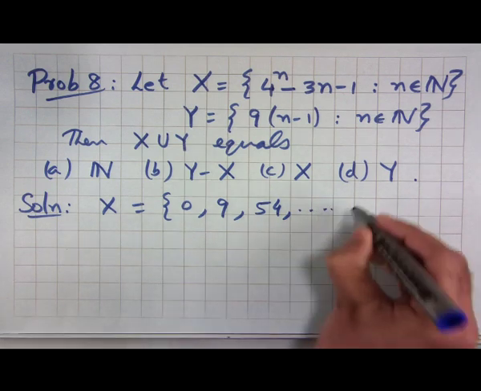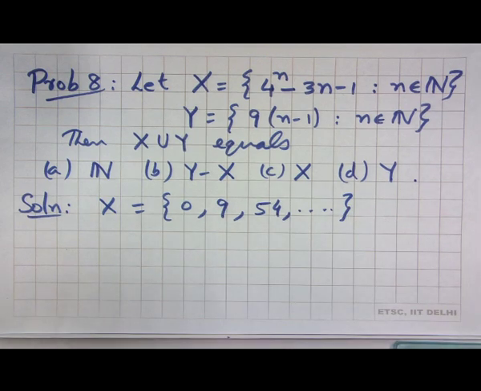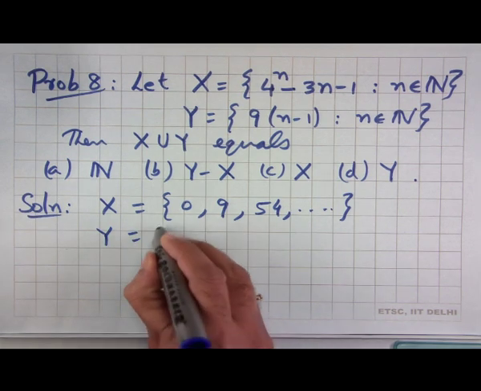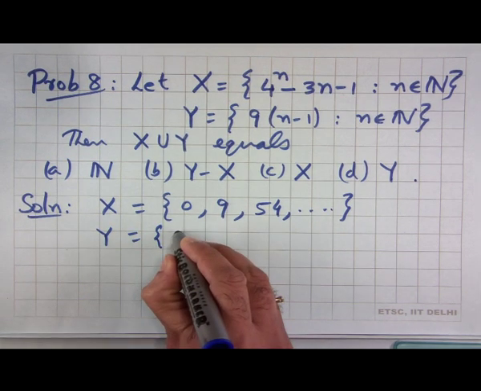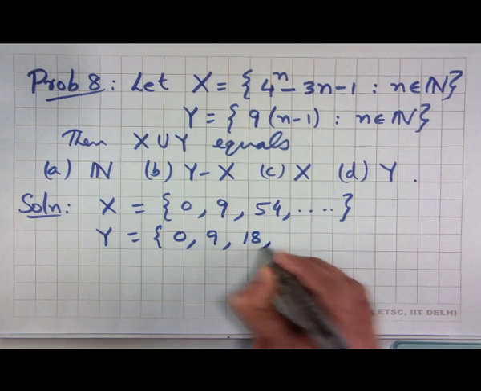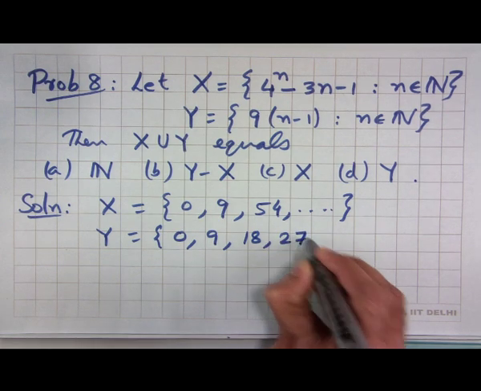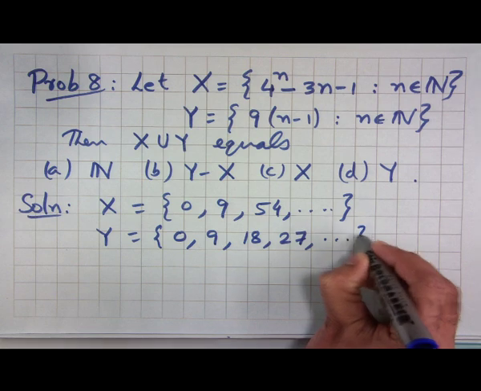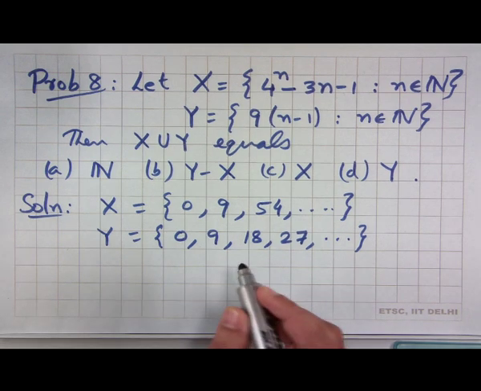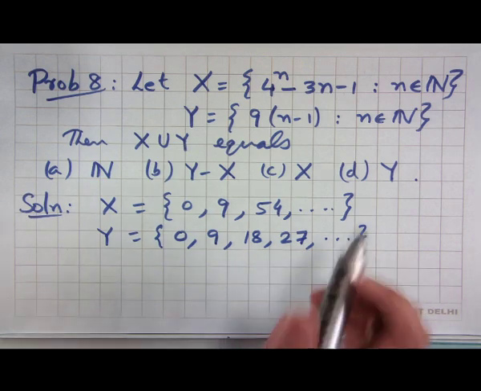So, these are the elements of X, and Y consists of, for n equal to 1 this is 0, then we have 9, 18, 27 and so on. So, Y is clear, it consists of all multiples of 9, all non-negative multiples of 9.